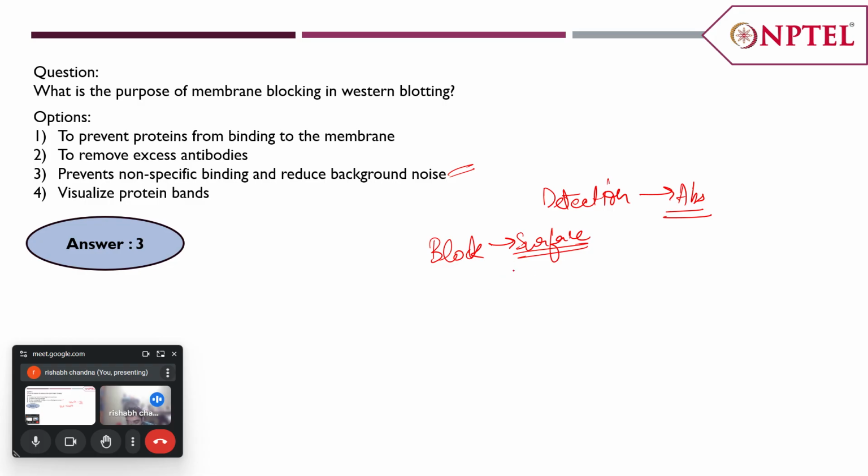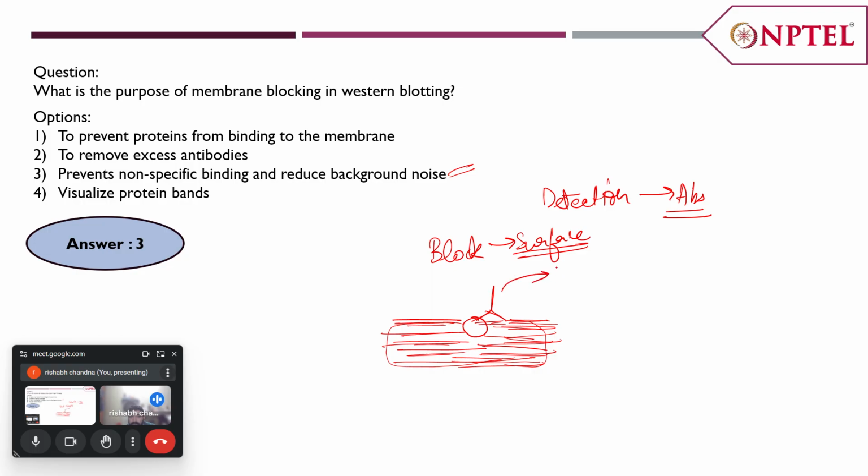For example, this is the protein that we have to identify, but there are other sites in the region that can also bind to the antibody. So first we have to block these surfaces so that there is no non-specific binding of the antibodies, and the antibody binds to the particular protein only.